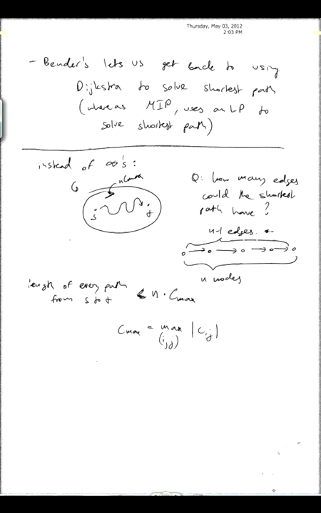So computationally, instead of using infinities, we can just use this quantity n times Cmax for our penalties, and it acts like an infinity because it forces the shortest path player to walk around the edges that are n times Cmax long.